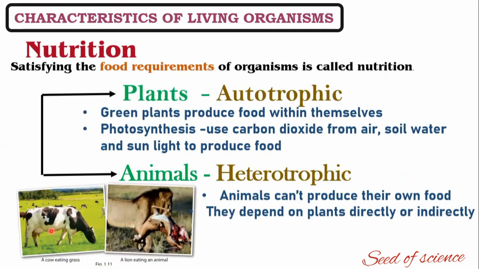Here you can see a cow eats the grass and a lion eats the cow, right? So the plant is taken by the lion indirectly. Did you understand? I hope that in nutrition, plants are autotrophs which make their own food, and animals are heterotrophs which cannot make their own food.